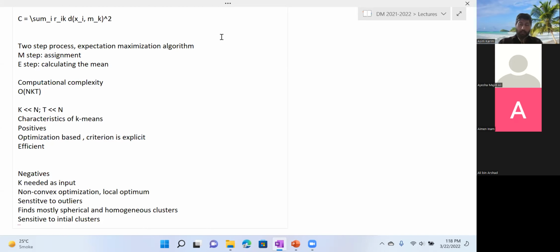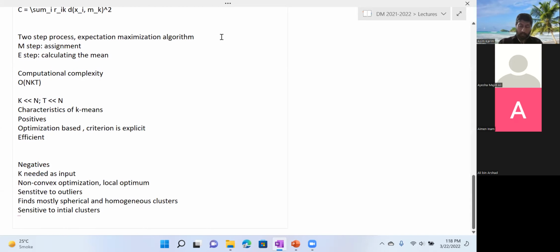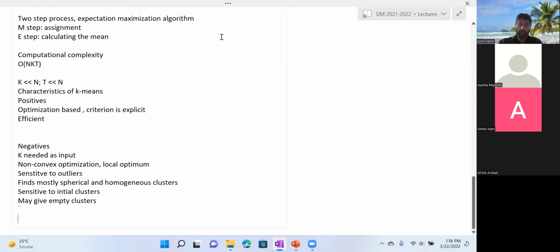Okay. And I think another point, let me add that. It may give empty clusters, meaning that some means may not get any object assigned to them.